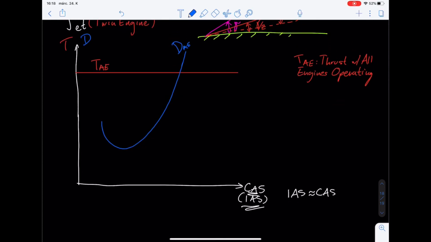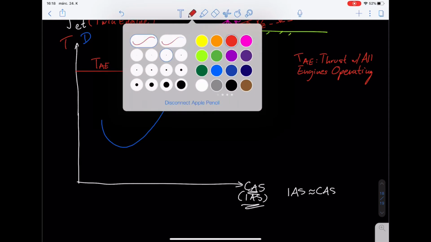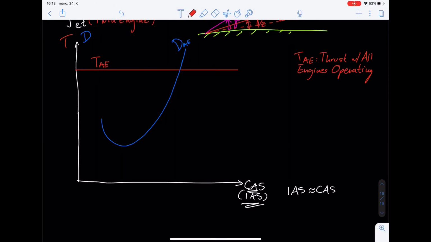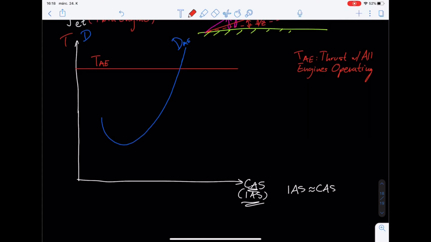Okay, so what happens with the thrust curve when you have an engine failure? It's a pretty simple scenario. Let me just draw an aircraft here, looking at it from top-down.